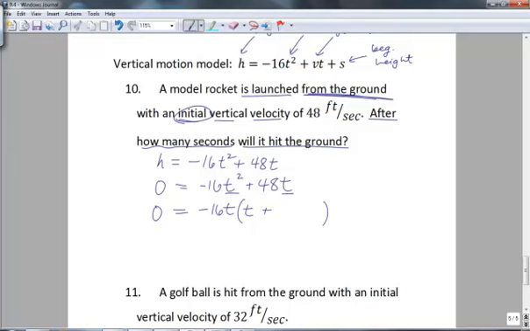So t plus 3. Now we can use the zero product property to figure out our time. And when we solve, we come up with t is equal to 0 or t is equal to, oh, hang on, I factored wrong.